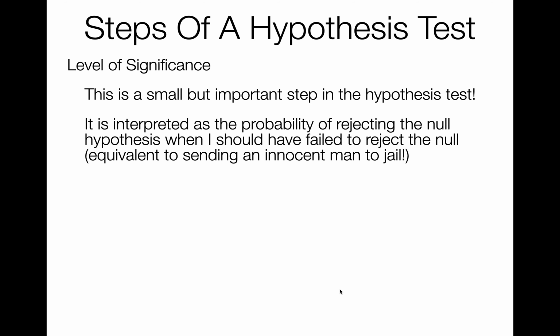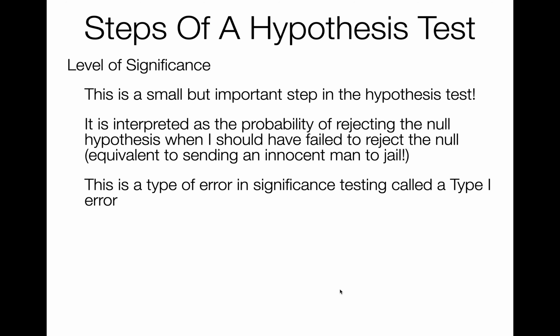So it is the ultimate failure of the justice system, to send an innocent person to jail. So this is a bad thing, and it's actually something that we can control for in our hypothesis test.